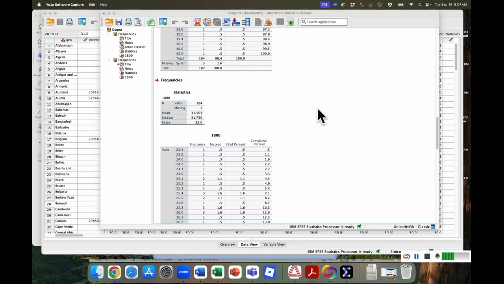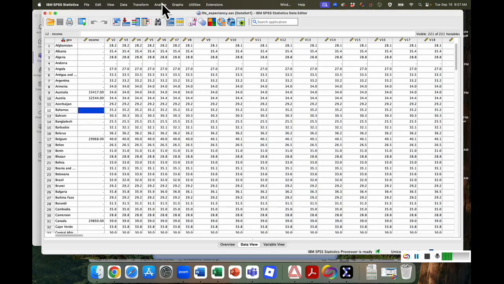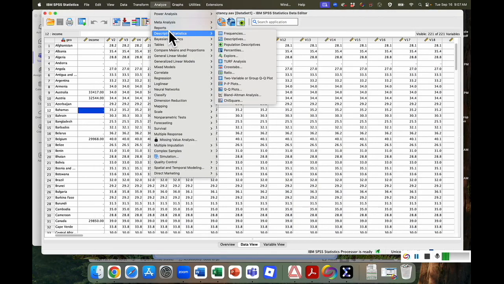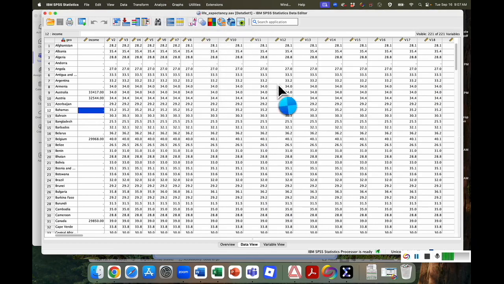Measures of variability can also be found using these commands. Again, go to Analyze, Descriptive Statistics, Frequencies.